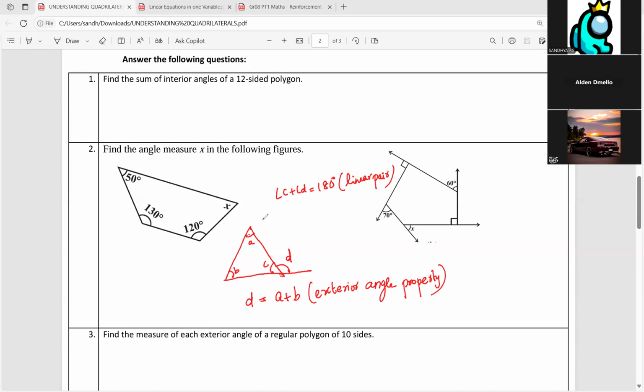Ma'am, for the first one, like 50, 130, 120, x, it's the sum of interior angles, right? Yes, the sum of interior angles is 360 degrees. Okay, if you said angle sum, no problem. That's why I told you like that. But we are not studying the properties of quadrilaterals or other polygons.